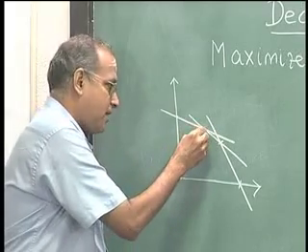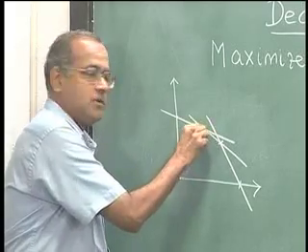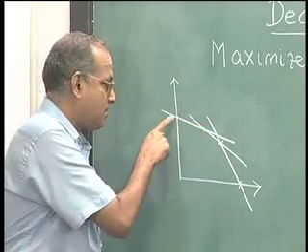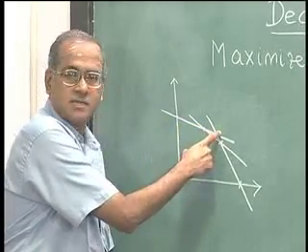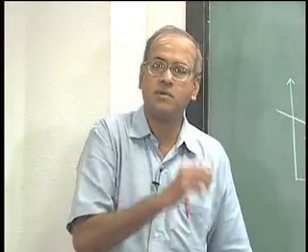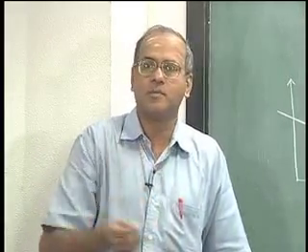Now this point, if it is the optimum solution, can always be represented as a convex combination of this point as well as this point, because of the convexity property of the feasible region to a linear programming problem. So, any point on the feasible region can always be represented as a convex combination of one or more corner points.